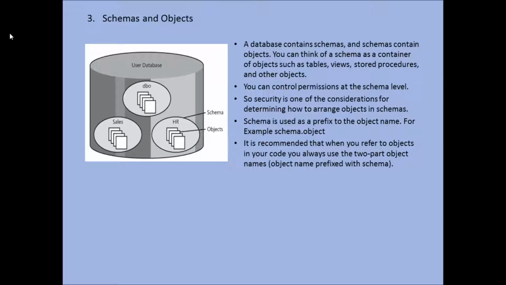Other than this, the worst case scenario can be if we have objects with the same name within the same database but in different schemas, and we refer to that object without giving the schema name. Then that code might pick up an object which we actually do not want to use in our code. It may end up picking the wrong object. So to avoid this condition, we should always use a schema qualified object name.